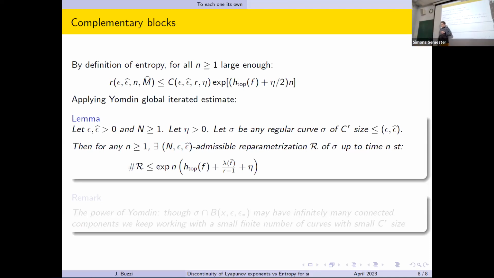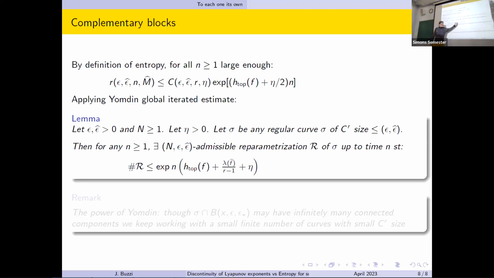I can tell you exactly where the 1 over R comes from. Yomdin has this fantastic idea that, contrary to everything I believed before, it's actually interesting to do Taylor expansions. You want to do a Taylor expansion, but you want to control the error. So how much do you have to zoom for the Taylor expansion to be good?